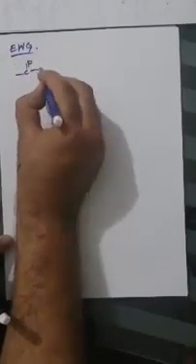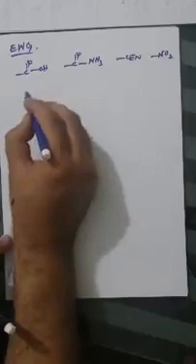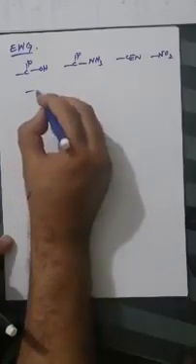Now what are common electron withdrawing groups? Those are carboxylic acid, amides, cyanides, nitro, and phenyl. These are common electron withdrawing groups.